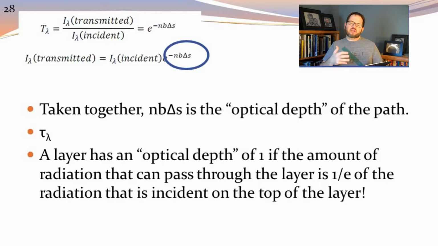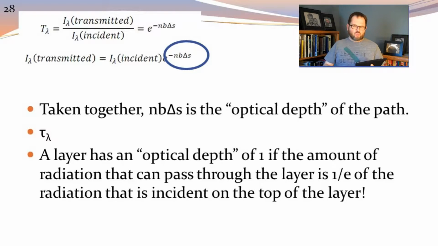A layer that has an optical depth of 0 is not absorbing any of the radiation that's passing through it. It's transmitting all of it. And optical depth goes all the way to infinity. The bigger the number gets for an optical depth, the more that layer is resisting the flow of radiation at that wavelength, the more it tends to absorb it rather than transmit it.